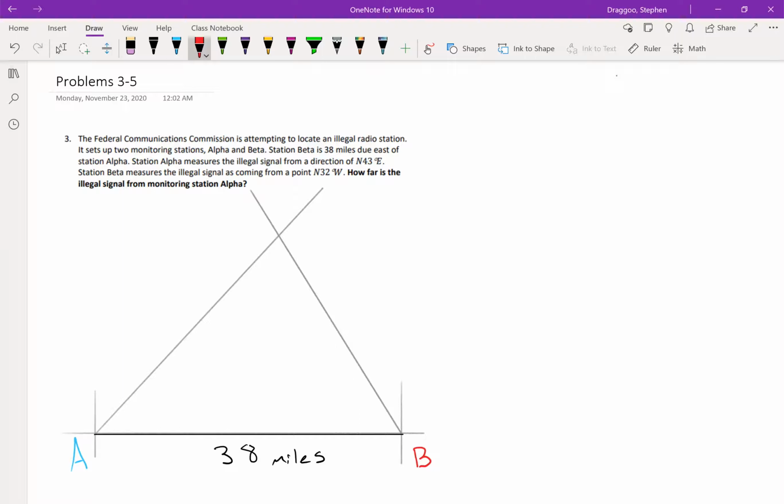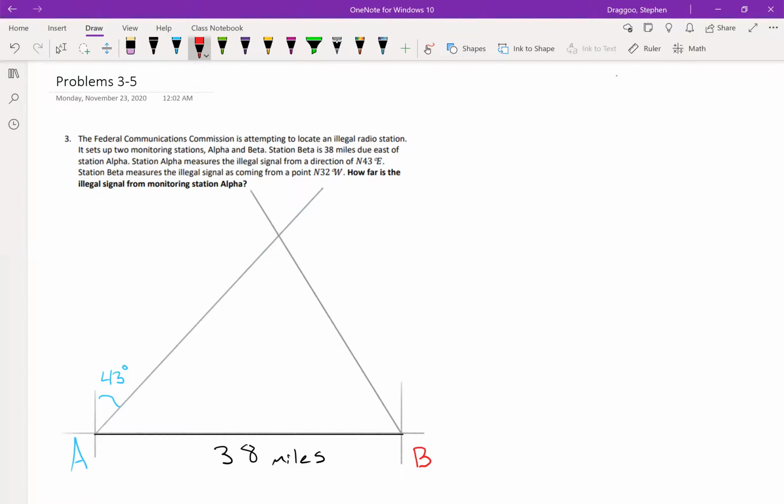So to put that in context of the triangle that's drawn below, we should probably label a few things. We know that that first bearing angle was 43 degrees to the northeast. We should have a 43-degree angle there.